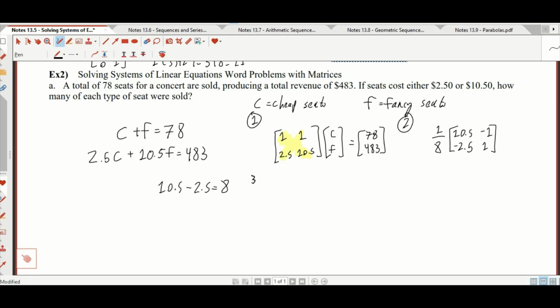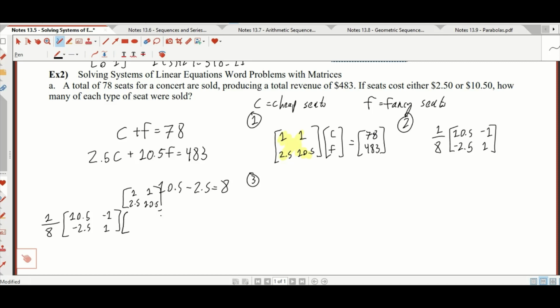So step 3 is I'm actually going to multiply 1/8 times my inverse matrix, 10.5, negative 1, negative 2.5, 1, and I'm going to multiply that by my original matrix, 1, 1, 2.5, and 10.5.